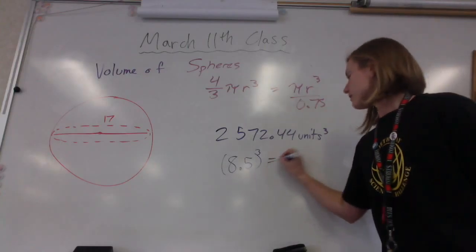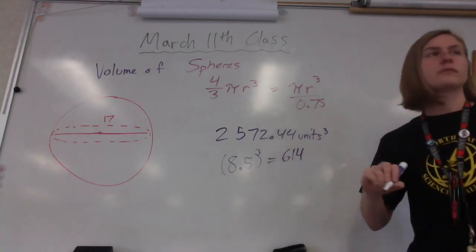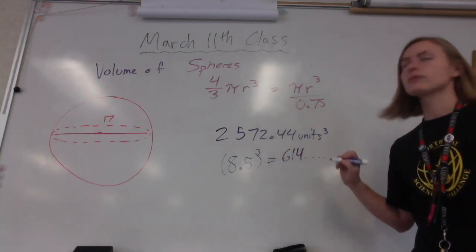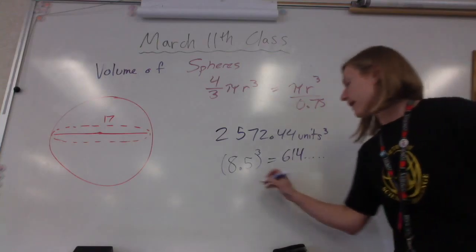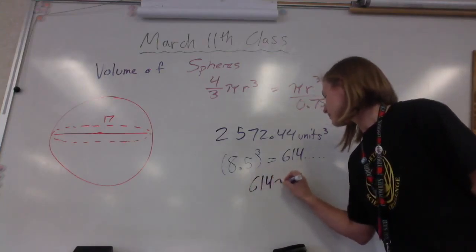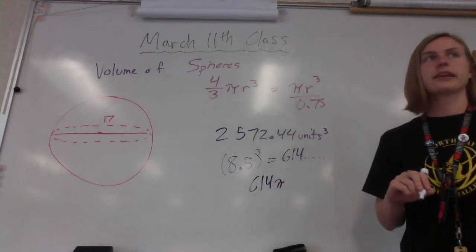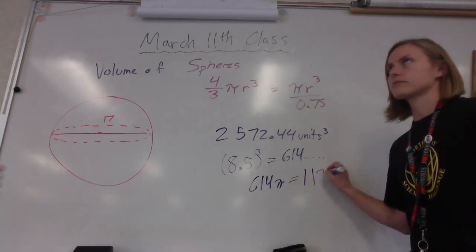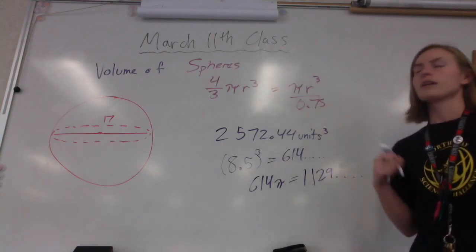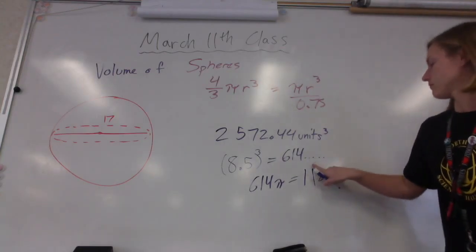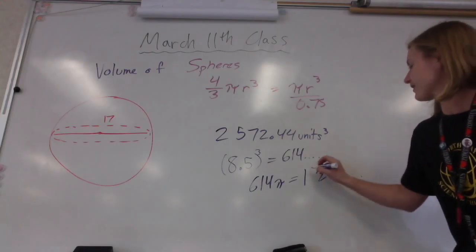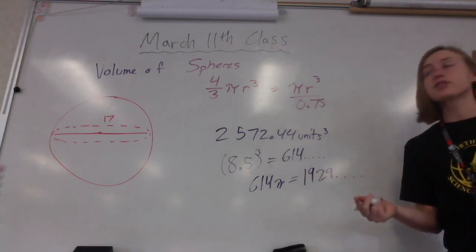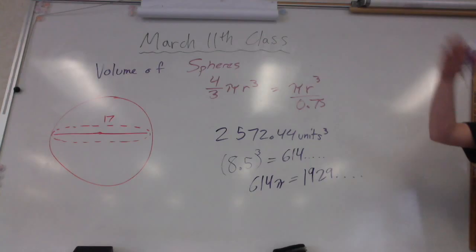That's 614.125. Then I would multiply that by pi. So that's 1,929 point whatever. Then I would do the times 4 divided by 3.